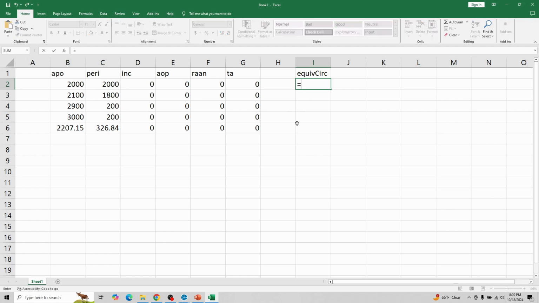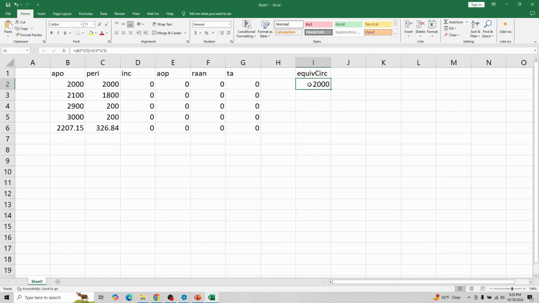We said that it was equal to the apogee times 2 divided by 3, 2/3, and then we're going to add that to, I believe, I will double check, the perigee times 1 divided by 3. Yeah, added together. And here we go.